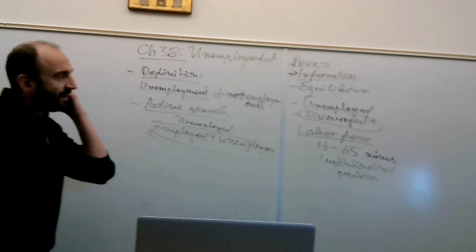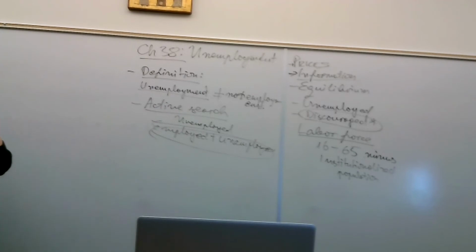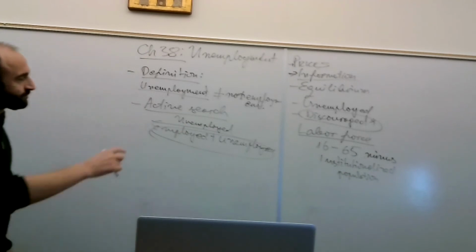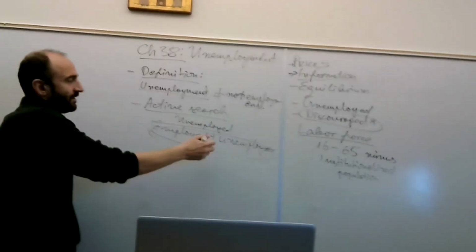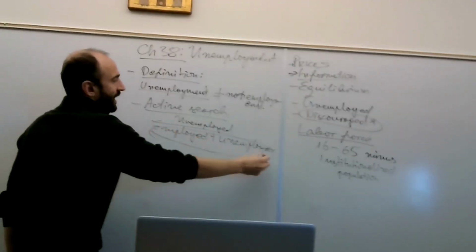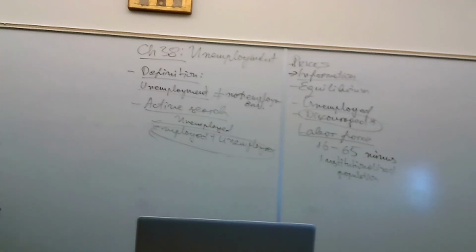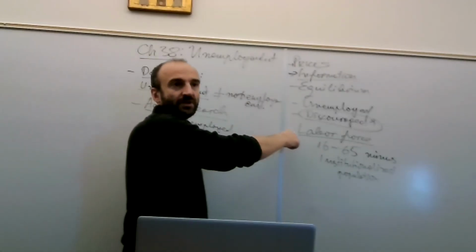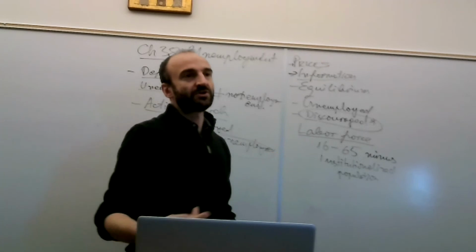So then, when you want to calculate another category here, the sum total of active labor force, people who are either working or seeking a job, when you divide that by the total labor force, the potential labor force, you get a labor market participation rate.